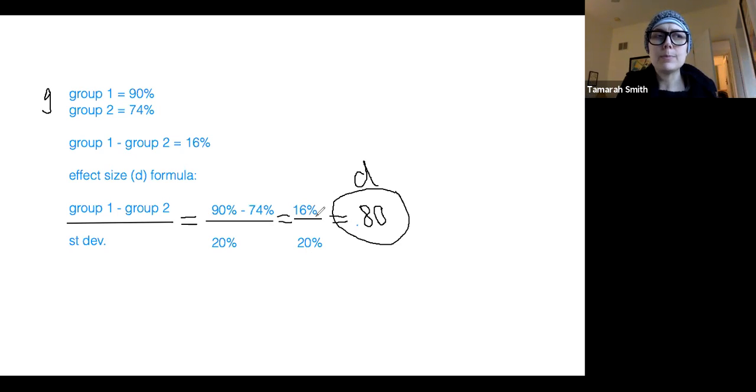But if they differed by 6 percentage points on a test, it's like, well, I don't know. Is that a big deal? Is it not a big deal? We need a point of reference to help us figure out whether or not 6 percentage points is meaningful. And if that 6 percentage points is 30% of a standard deviation, it's a third of it. Statistically speaking, that's kind of like a moderate deal.